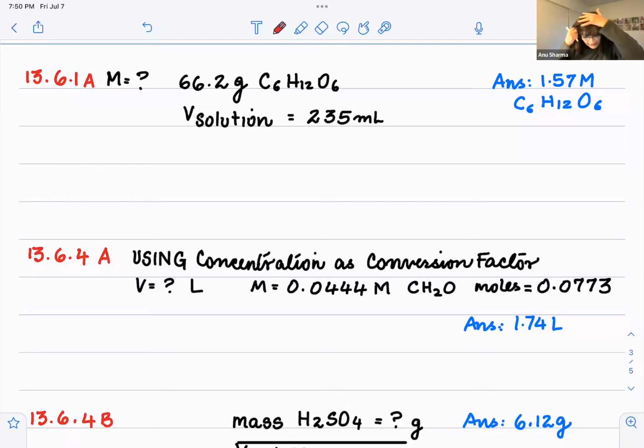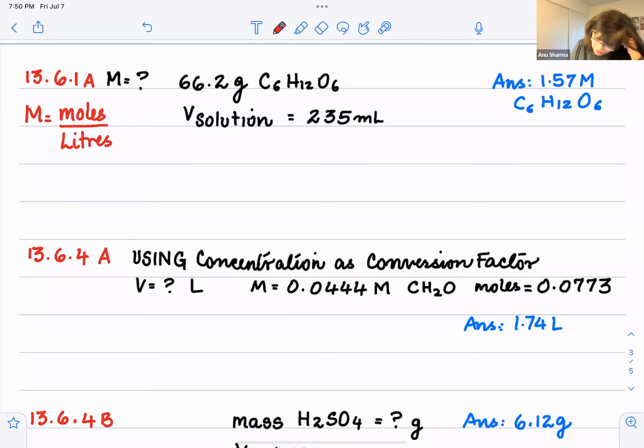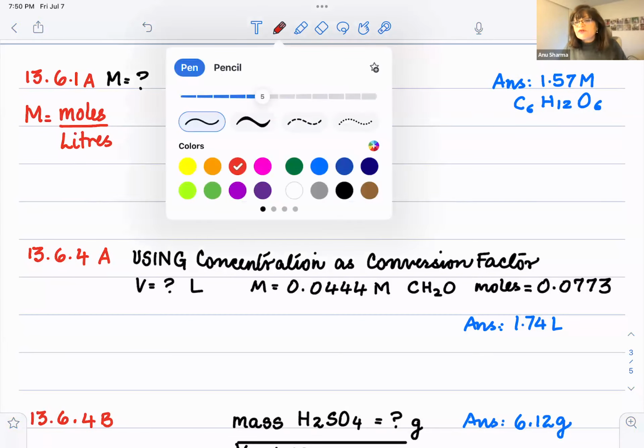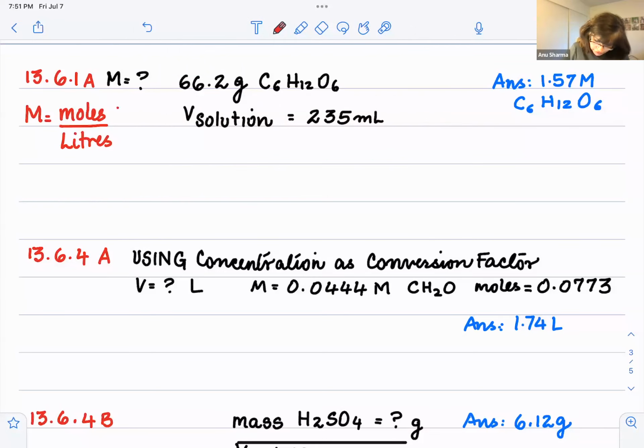The formula is molarity is equal to moles over liters, the volume in liters. So what are the moles? The moles of the solute, always in the lesser amount, over the volume of the solution in liters, always.